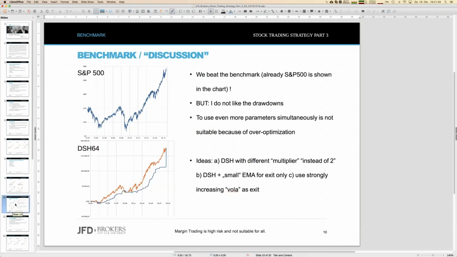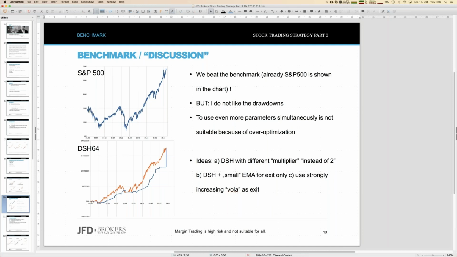What we additionally have done was a comparison to the benchmark. Unfortunately, I don't have a chart for the S&P 100. Therefore, I took the S&P 500. And that comparison is really impressive. You see the drawdown within the S&P 500 financial crisis. It's really from 1,500 to about 750.